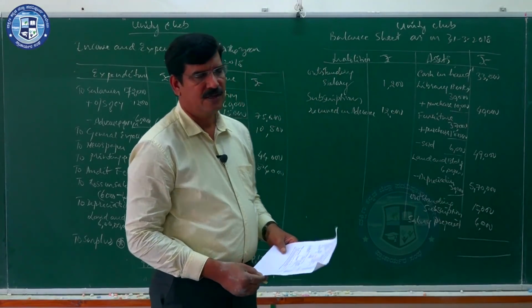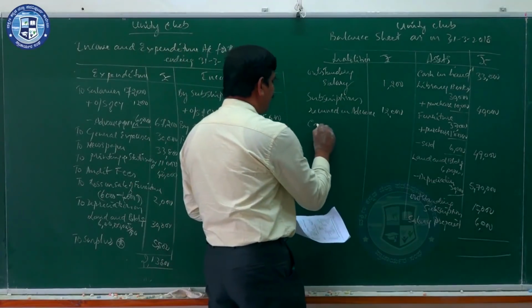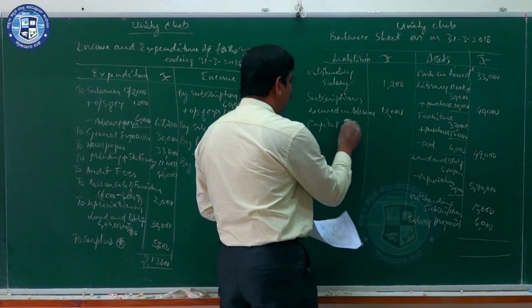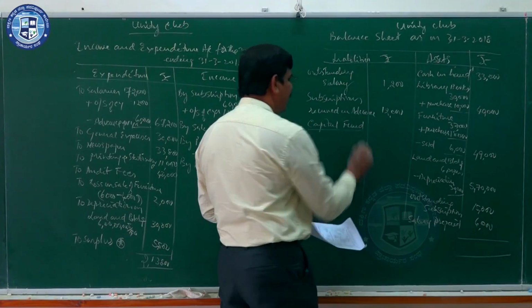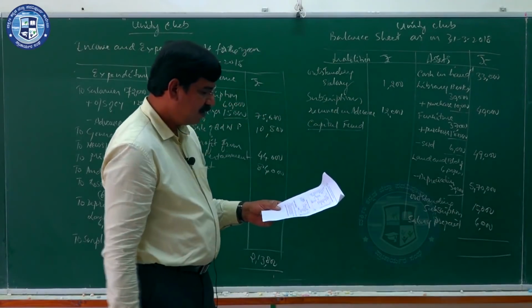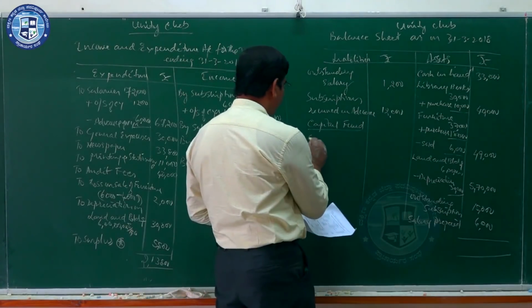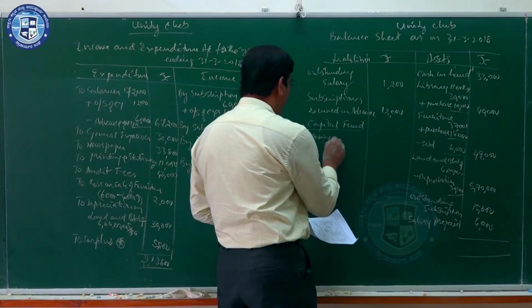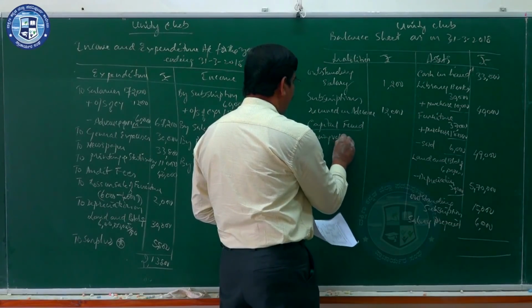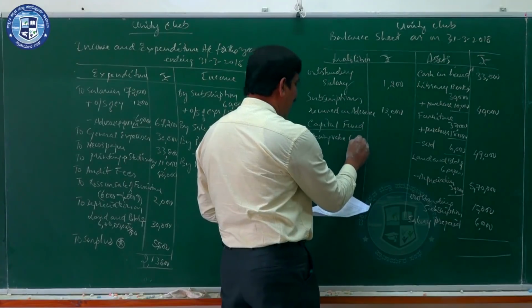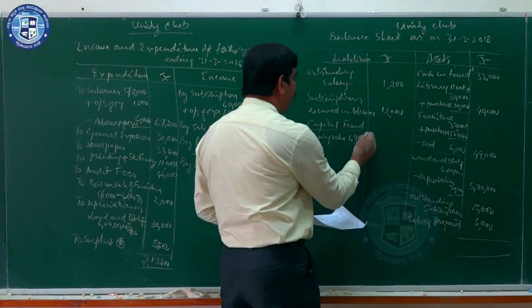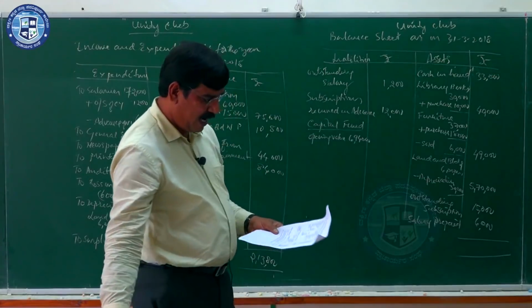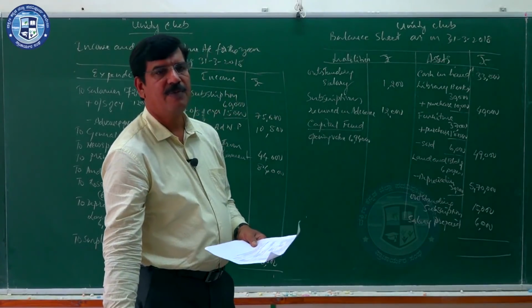Now look at the capital fund which is given in the opening balance sheet. Capital fund, opening amount is 6,94,000. For this you have to add up all the items which are capitalized.